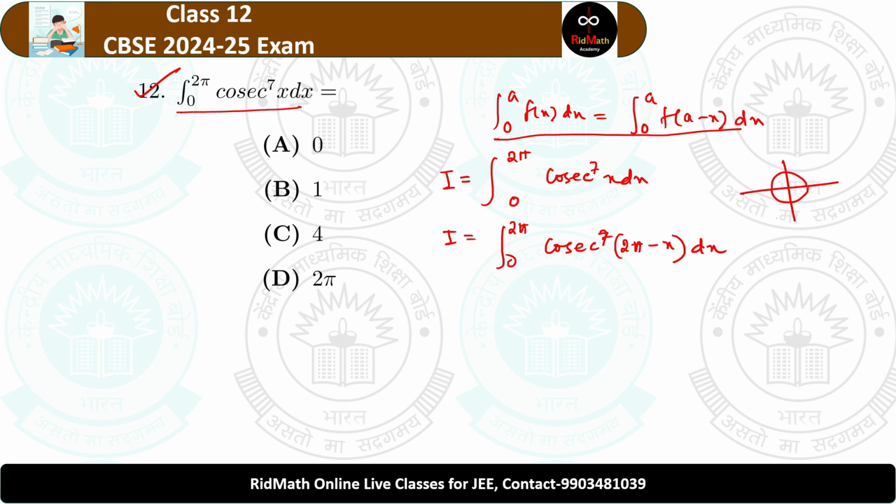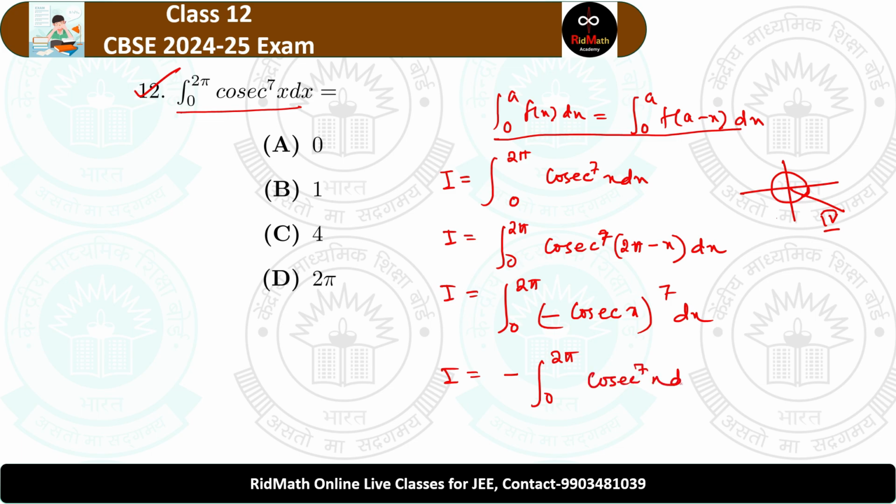So the value of cosec to the power 7 of (2 pi minus x): 2 pi minus x is in the fourth quadrant, and in the fourth quadrant cosec is negative. That means I equals integral 0 to 2 pi of (minus cosec x) whole to the power 7 dx, which is equal to minus integral 0 to 2 pi cosec to the power 7 x dx.